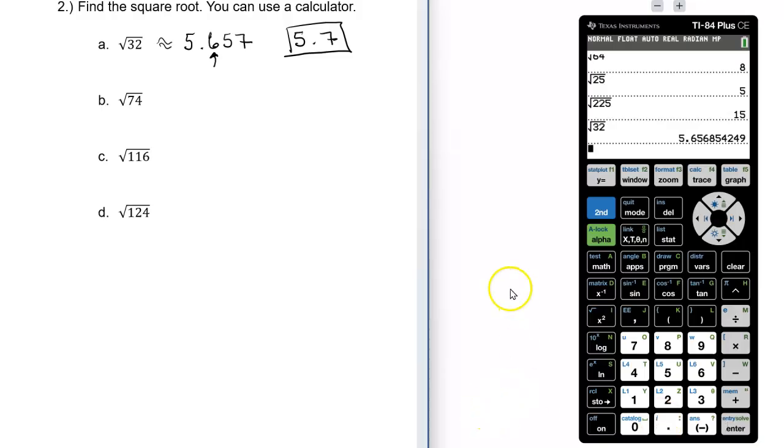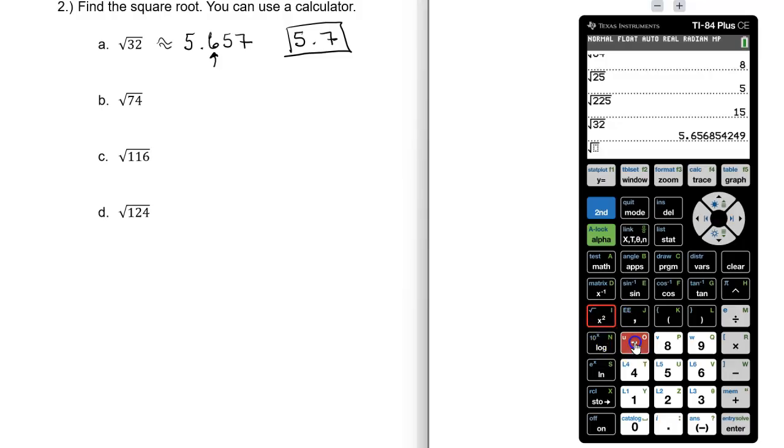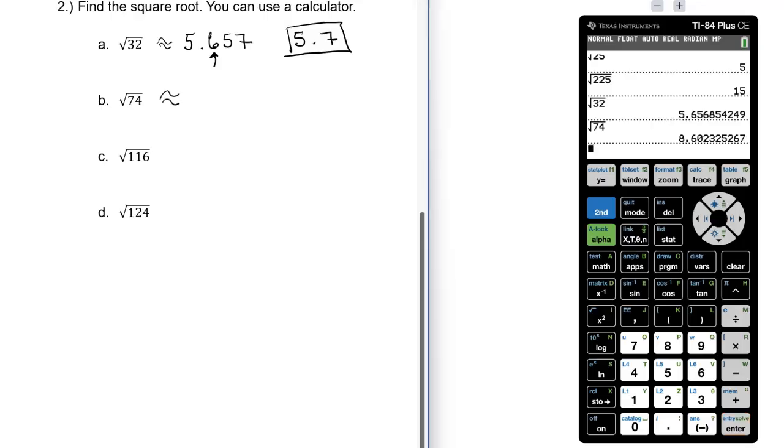Okay, so first thing we do, again, we hit second, then we hit the X squared button, and then we enter 74. All right, approximate, we get, I'll just do that. Well, I had said I was going to round to the 10th place, so I'll go ahead and rewrite that and just drop that 0 because we don't need it.